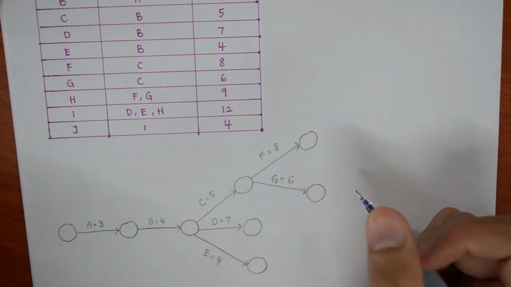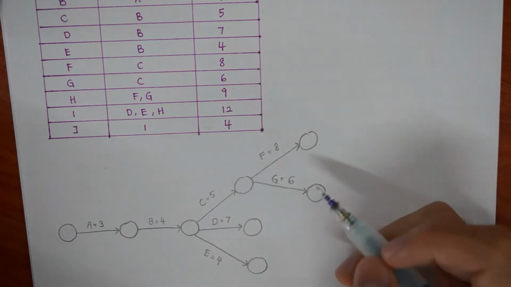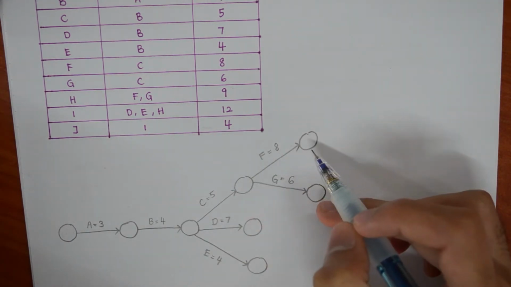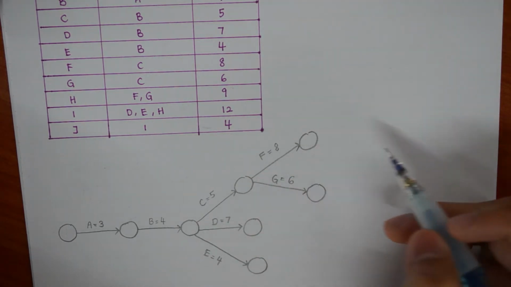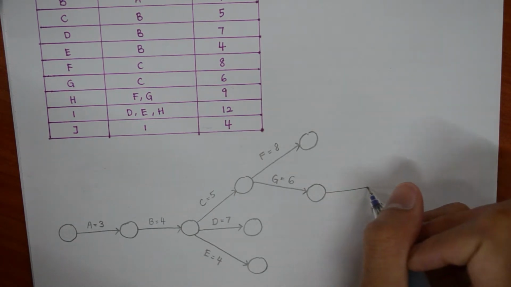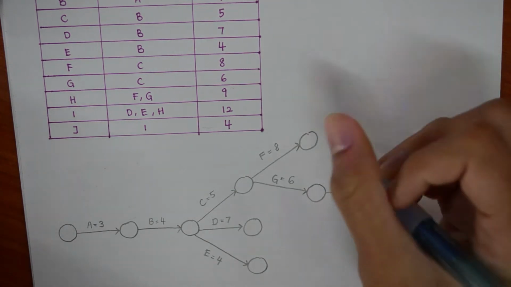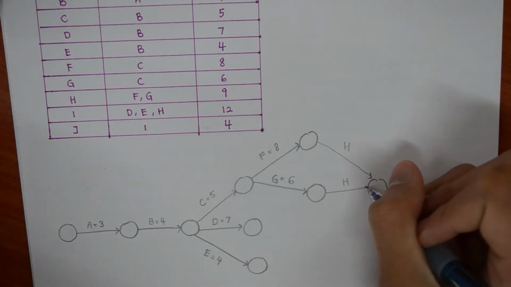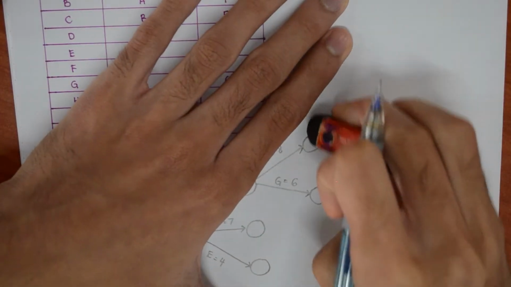Now, if you remember from the rules that we went through before we started this example, only one arrow can represent an activity between two nodes. It cannot be like this. Let me show you. Okay, this is wrong. There cannot be two arrows showing one activity.